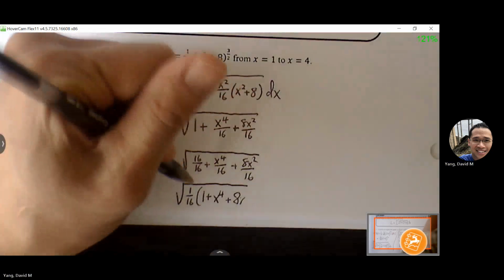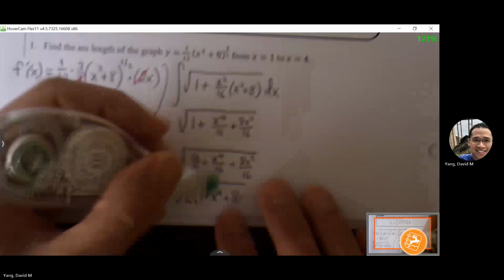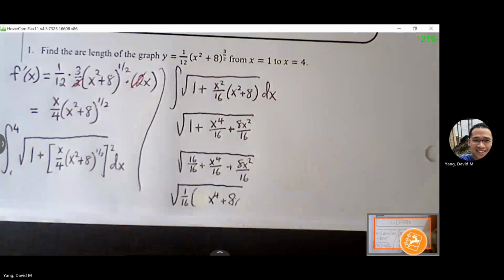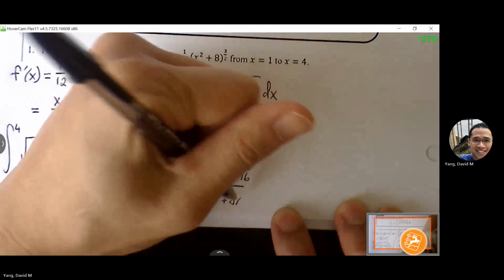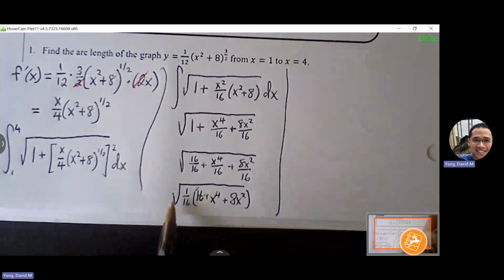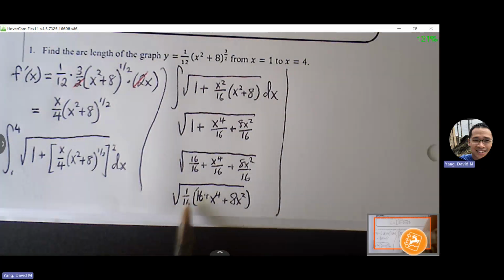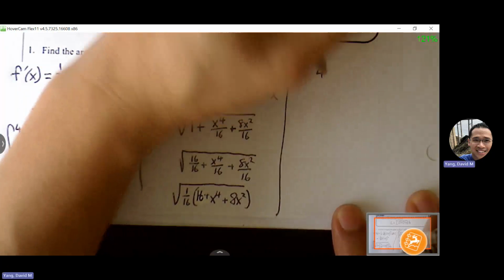No, sorry. There's still a 16 up top. So the square root of 1/16, now I can pull this out because now there's multiplication here, so that's just 1/4 in front. So let me adapt this here.